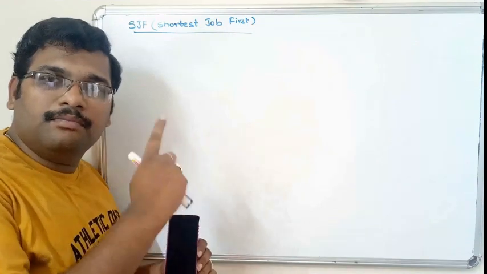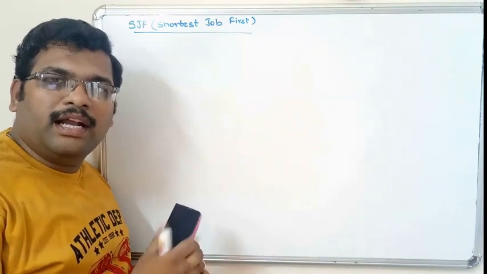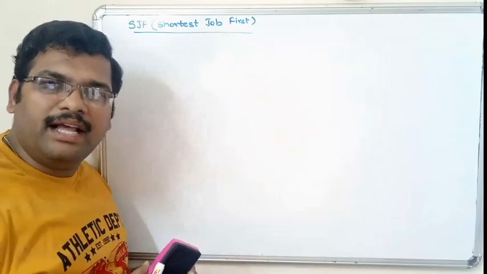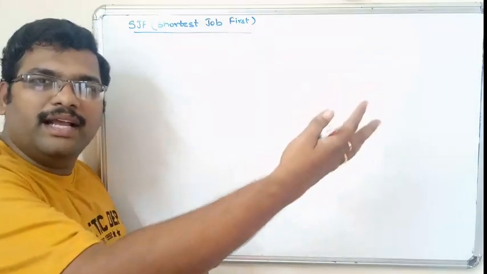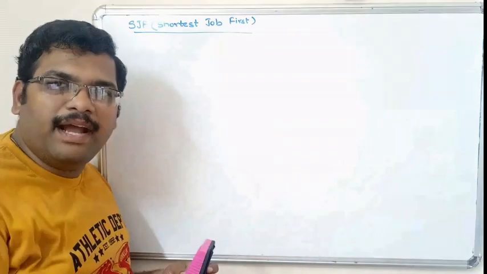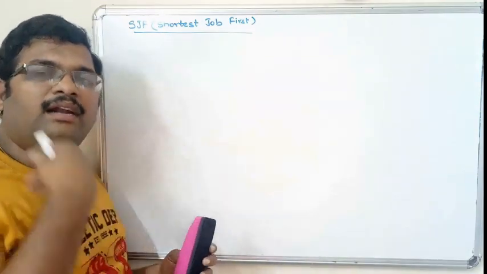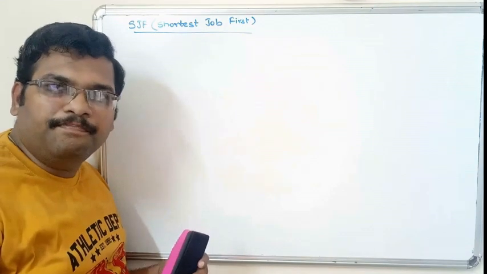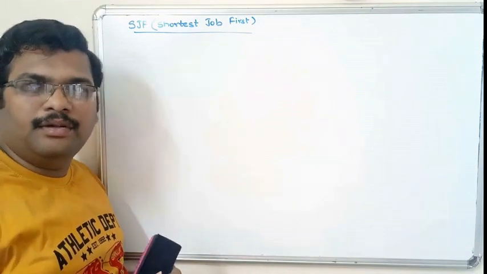That is called non-preemptive mode. Coming to the preemptive mode, if any process with a higher priority arrives, the already executing process will be sent back to the ready state, and this higher priority process will be allocated to the CPU. That is preemption.